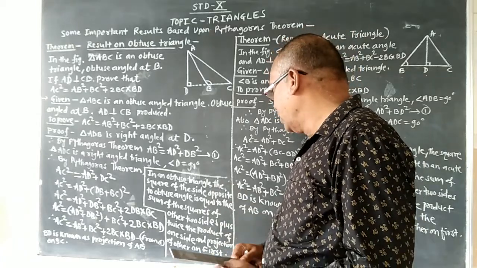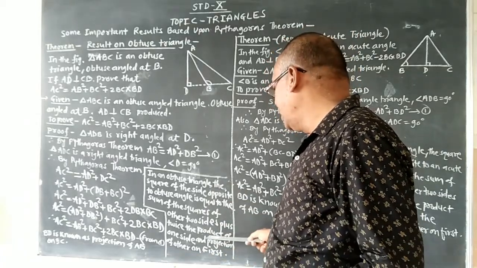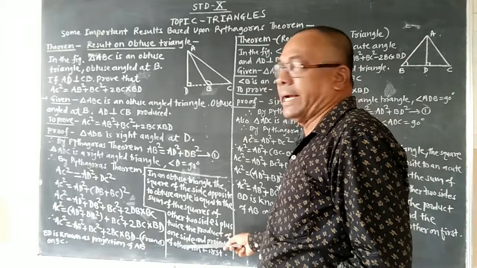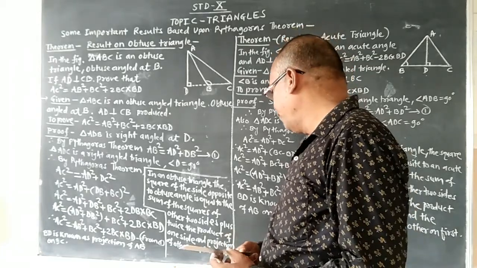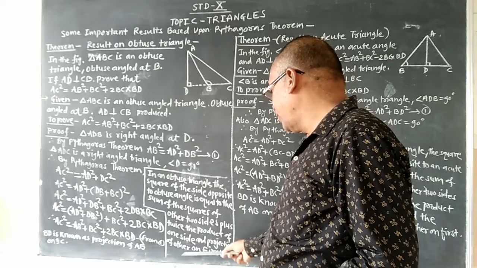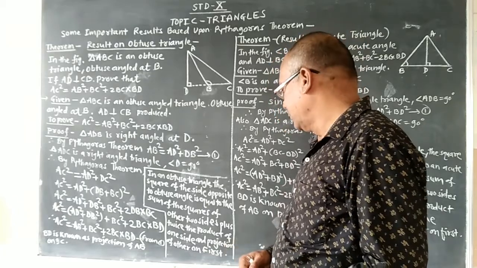plus twice the product of one side and the projection of the other on the first.